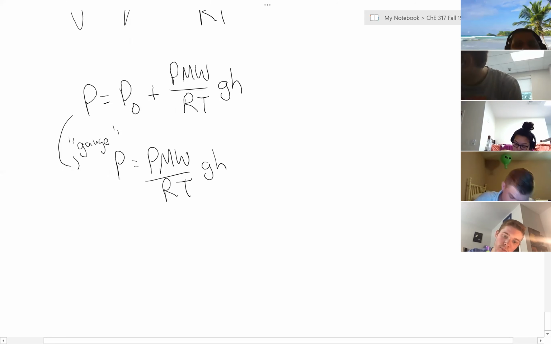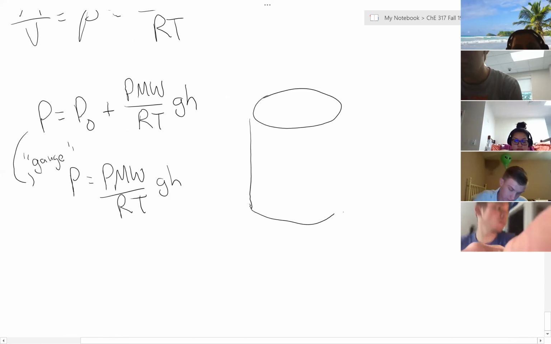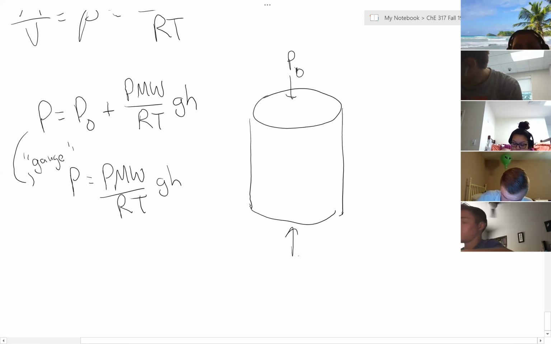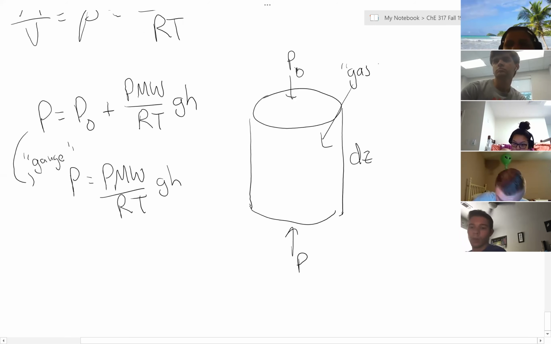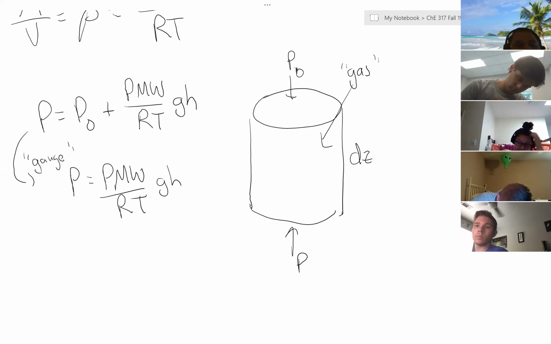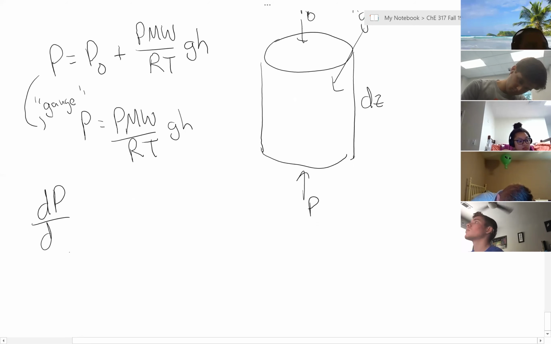But what I can do then is revisit that same P naught and differential height, but now instead of looking at a liquid, this is going to be a gas. And then I can ask, what's going to be the influence of pressure as a function of height?